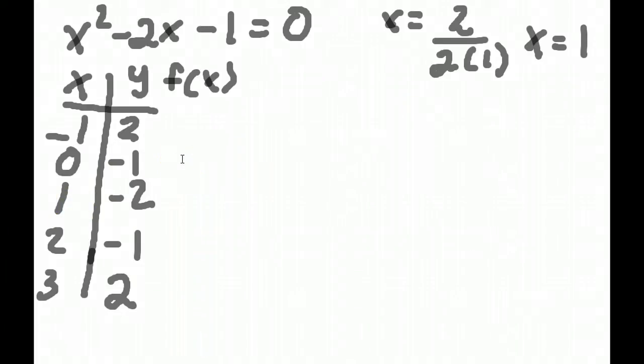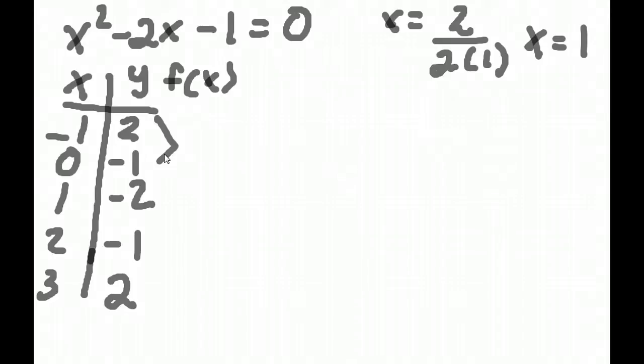So just looking at our y values, what we're looking for is where it crosses the x-axis. So we're looking for when it goes from a positive number to a negative number, or a negative number to a positive number. Looking at our first two coordinates, our first point is negative 1, 2, and our second point is 0, negative 1.